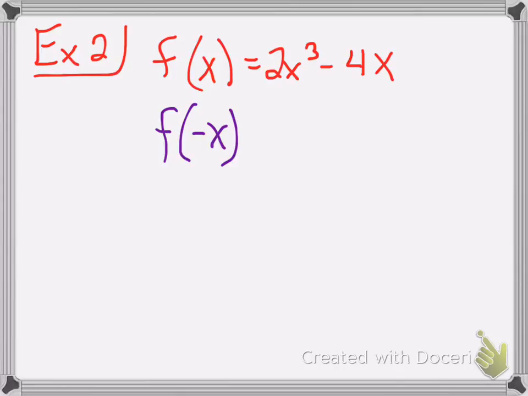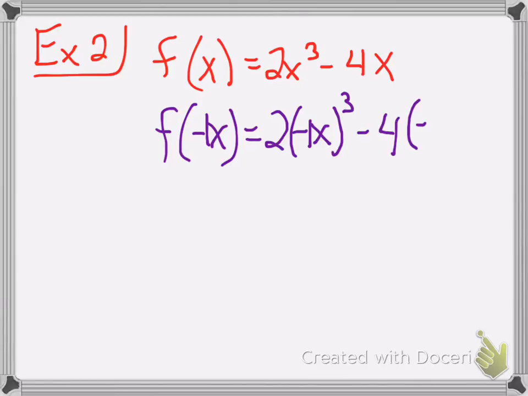So when I plug in this negative x, I use parentheses and close it. Right now that's negative 1x to the third. Well, that's going to equal negative x to the third power minus 4 times the negative 1x again.